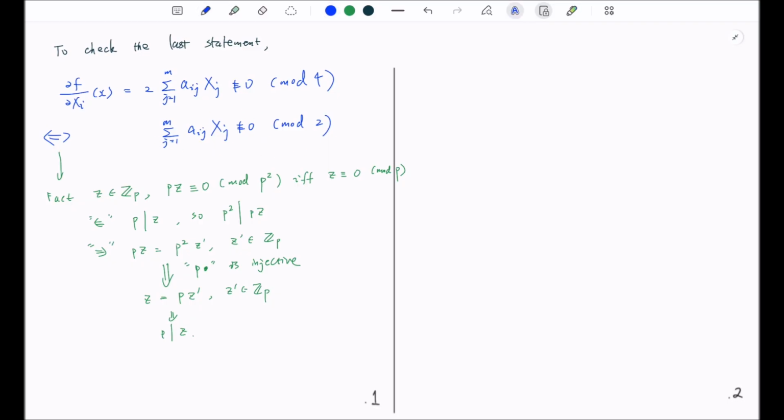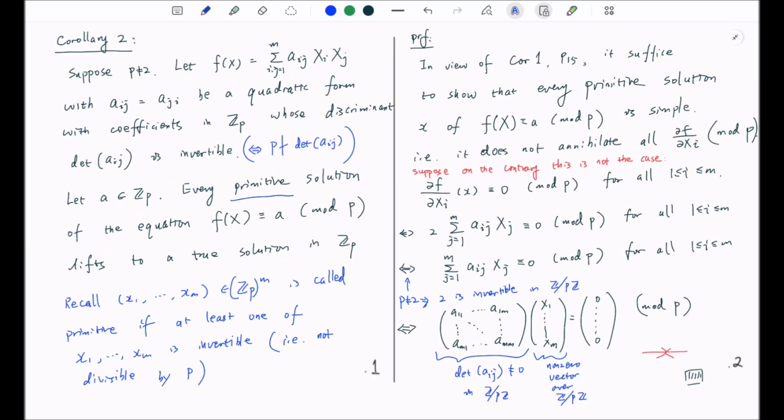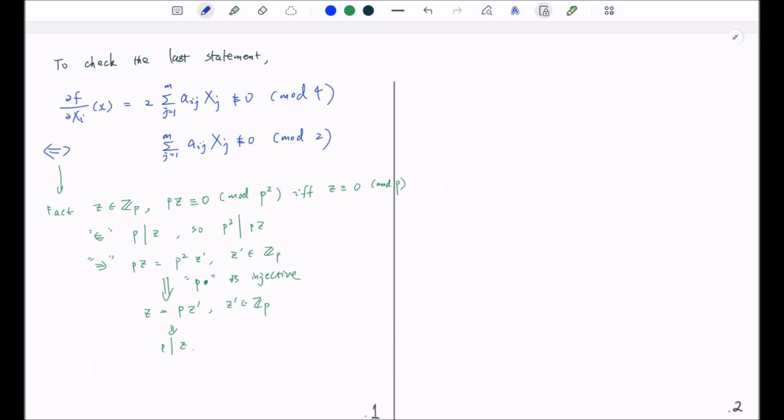And for the last equation, we're going to use the same argument as in the end of corollary 2's proof. We look at this linear system formed by this matrix with the a sub ij's.